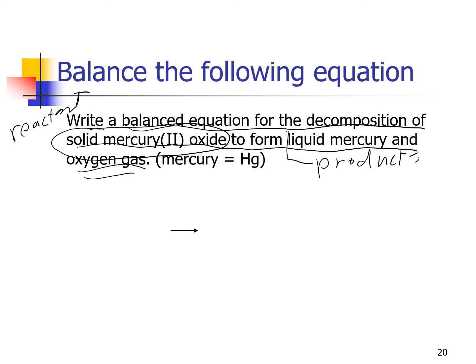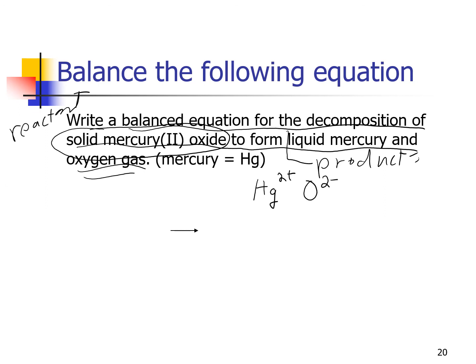We know this is a type 2 ionic compound because we have the parentheses with the Roman numeral for the charge on the metal. So mercury is given to you. The symbol is Hg. The Roman numeral 2 tells us it has a +2 charge. Oxide came from oxygen. It's in column 6, so it forms a -2 charge.